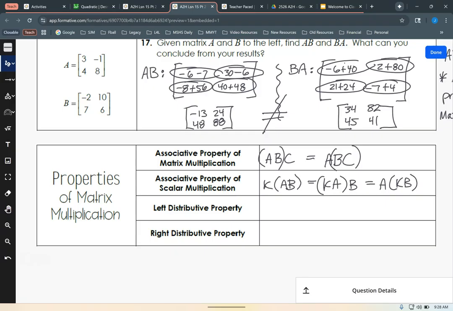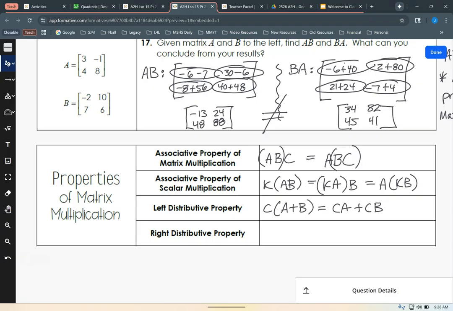Okay, watch this one. Left distributive property. Left distributive property? That sounds weird. Okay. We could have matrix C times matrix A plus matrix B. And what that would look like from a distribution standpoint would be C times A plus C times B. This is our standard distribution.